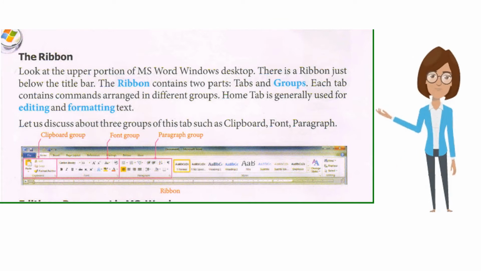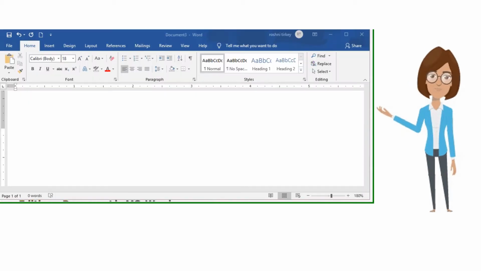Let us discuss about three groups of this type, such as clipboard, font, paragraph. Groups: clipboard group, font group, paragraph group, styles group, editing group.